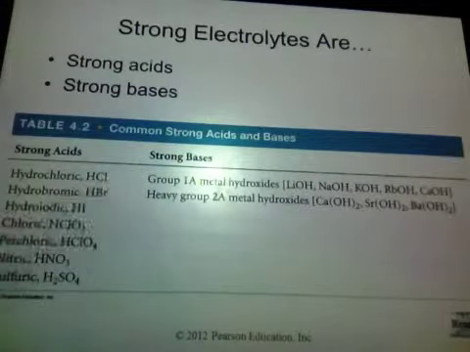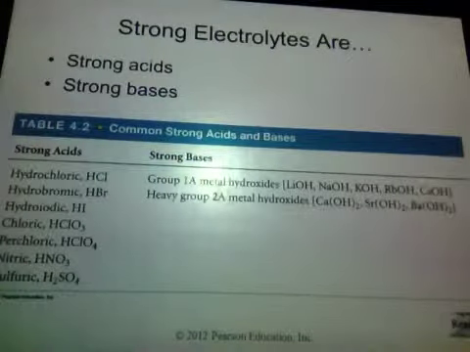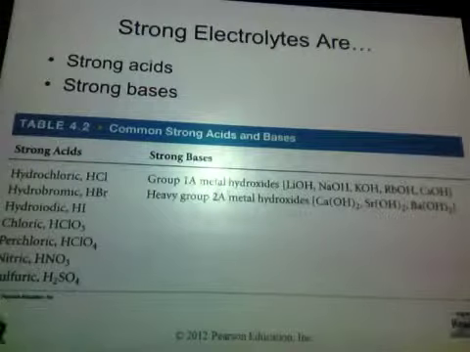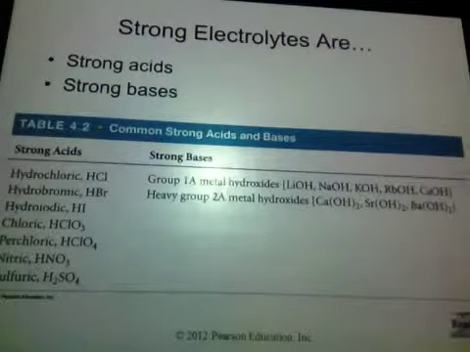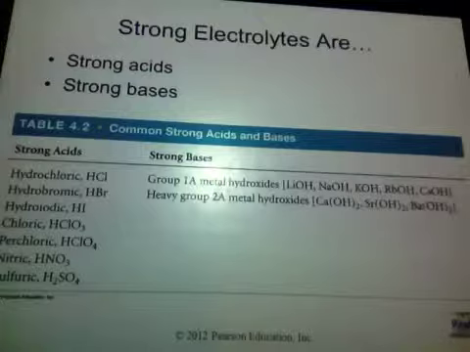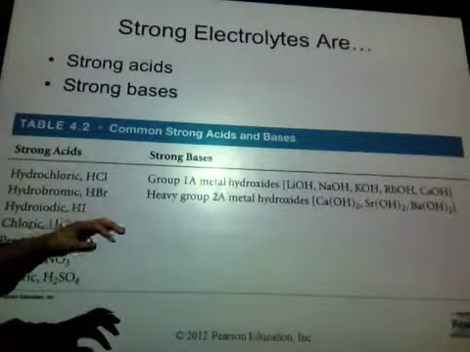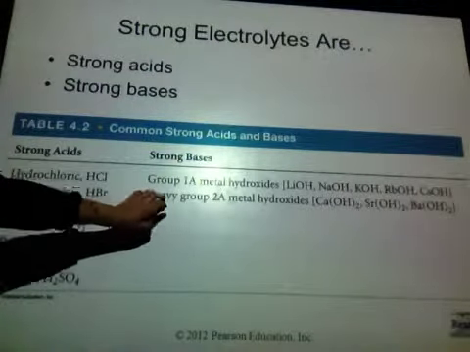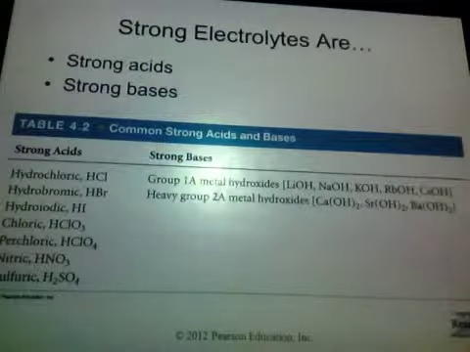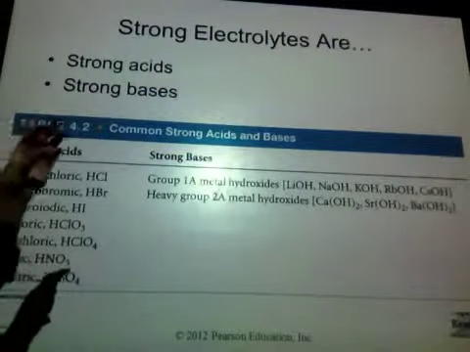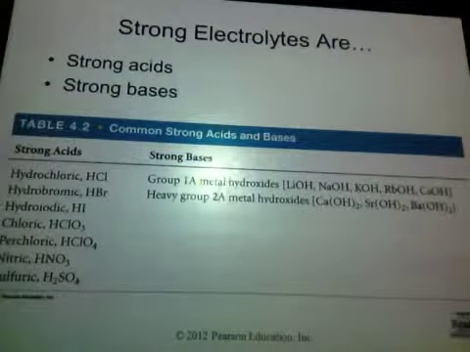So strong bases. All group 1A metal hydroxides are considered to be strong bases. So I have lithium hydroxide, sodium hydroxide, potassium hydroxide, rubidium hydroxide, and cesium hydroxide. And then there are 3 group 2A metal hydroxides that are considered to be strong bases. That would be calcium, strontium, and barium hydroxide.